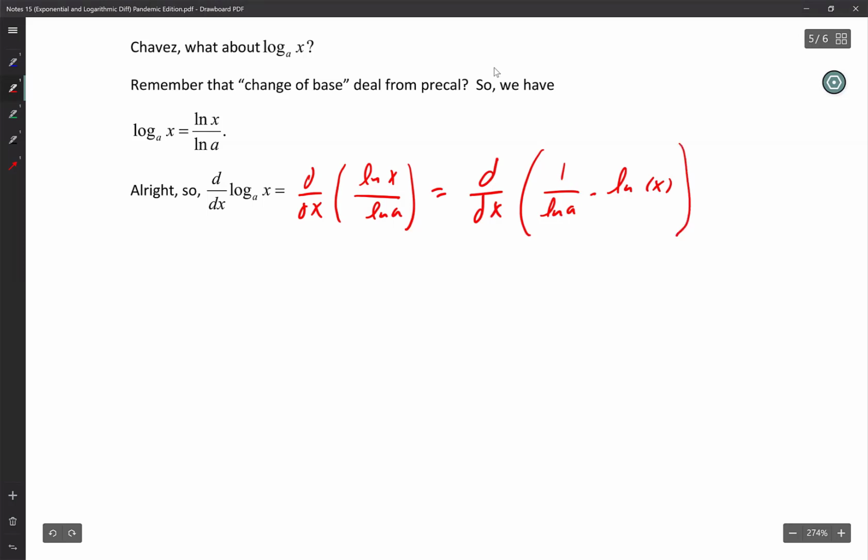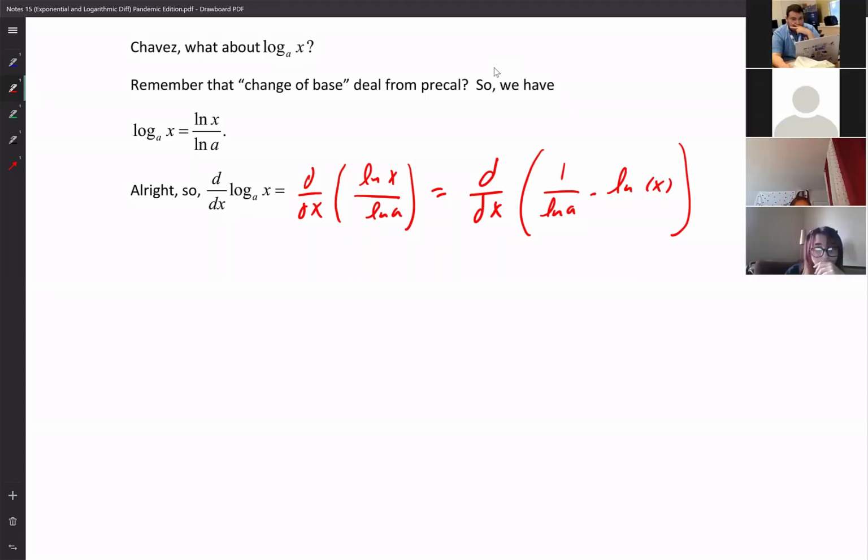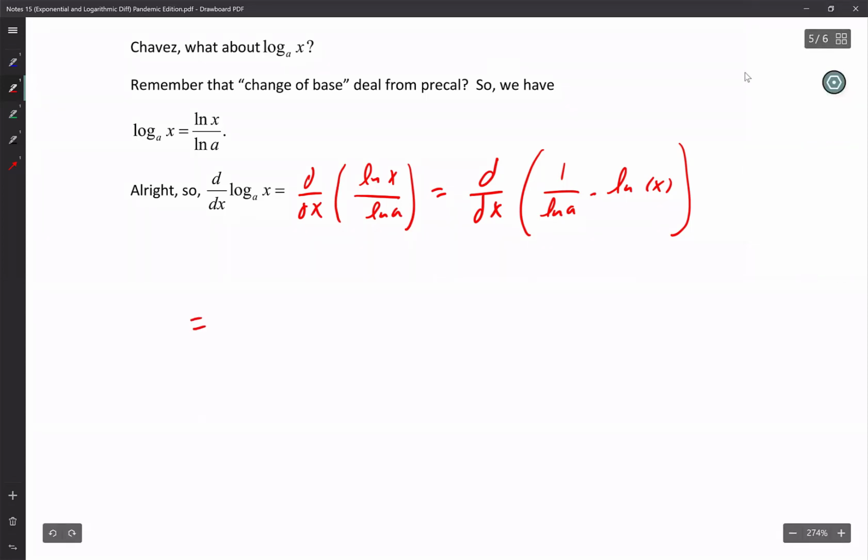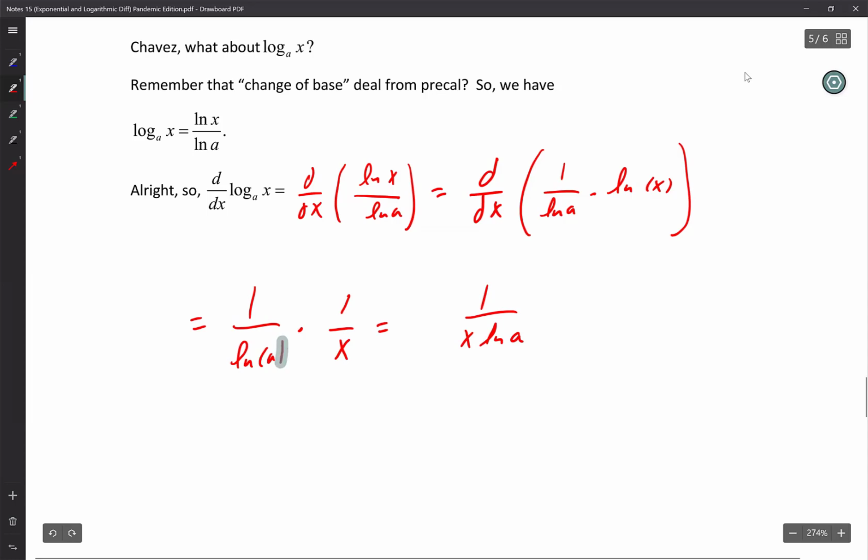I haven't done a derivative yet. 1 over ln of a is a constant. I can leave that alone. Now I'm taking the derivative. 1 over ln of a times, what's the derivative of ln of x? 1 over x. So here's my derivative: 1 over x ln of a. So there it is, guys.